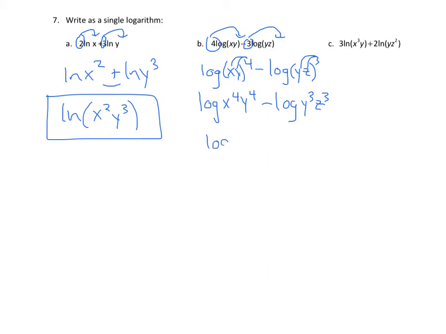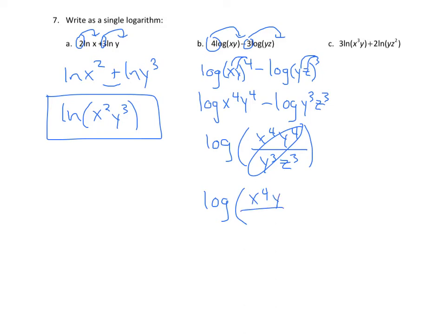So we get log of x to the fourth y to the fourth, and since it's subtraction, we use division, divided by y to the third z to the third. And then we simplify if we can, and we can simplify these y's. So we end up with log of x to the fourth y over z to the third.